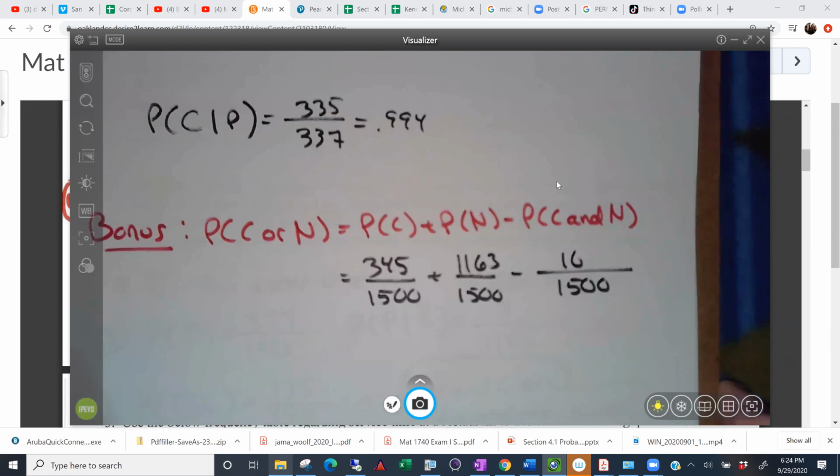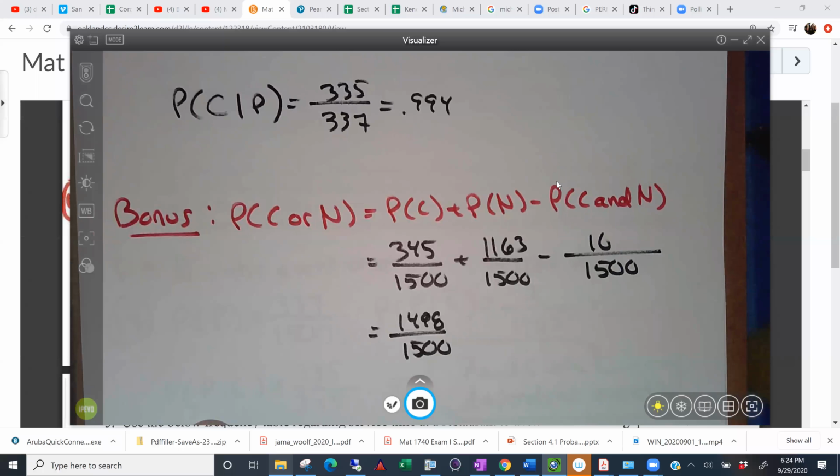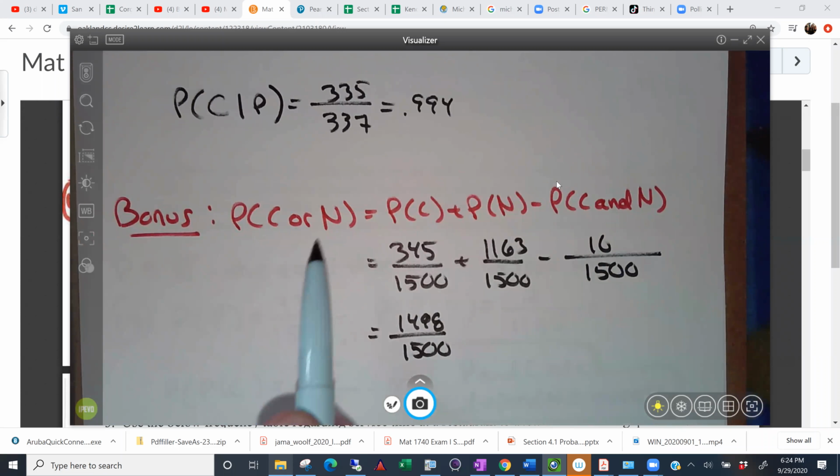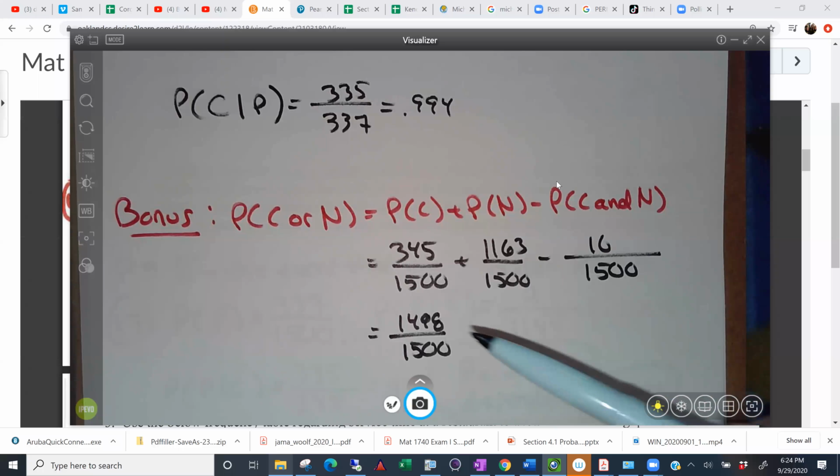So overall, if you add this up, you get 1,498 out of 1,500. If you're looking for somebody who tested negative or has hepatitis C, that's virtually everybody. The only people you're leaving out are the false positives, the 2 false positives.